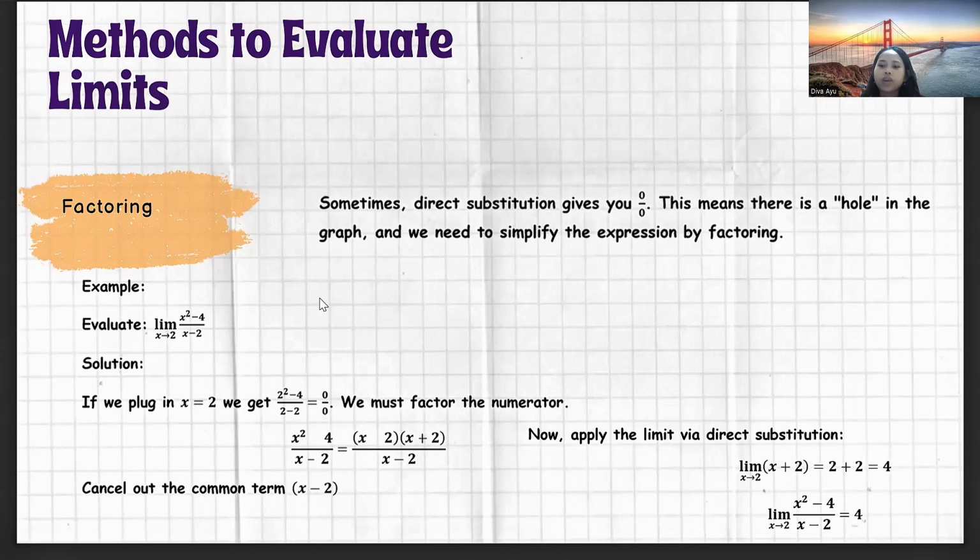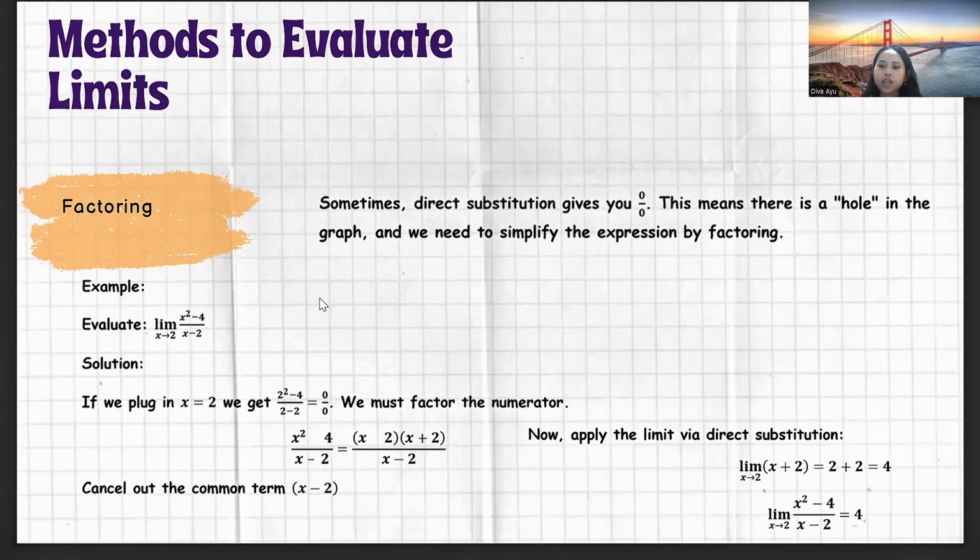After factoring, we cancel the common factor that appears in both the numerator and the denominator. Once the expression has been simplified, we substitute the value of x again. Now the limit can usually be evaluated without any problem.